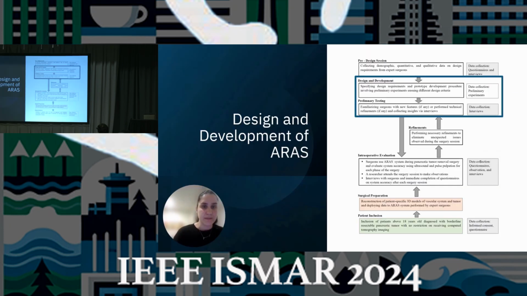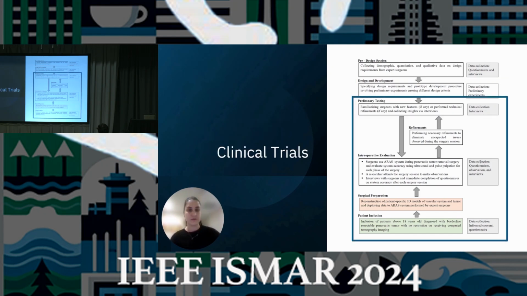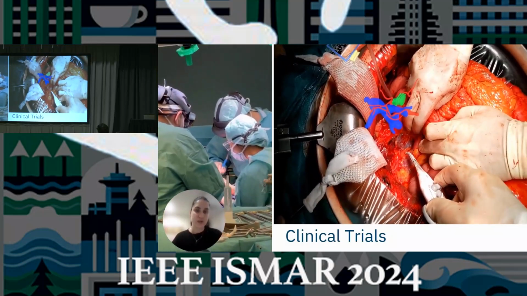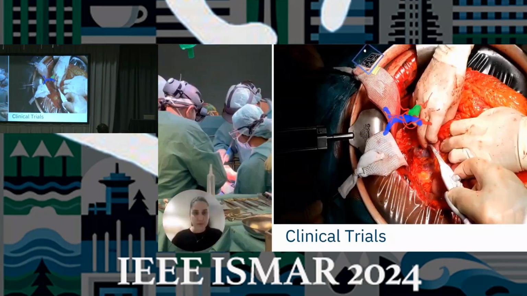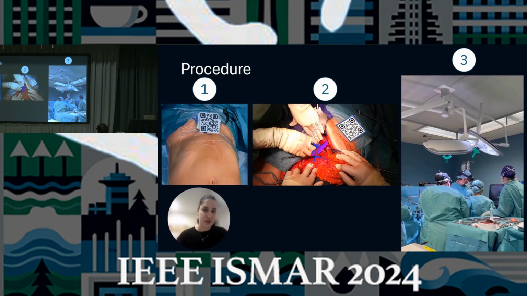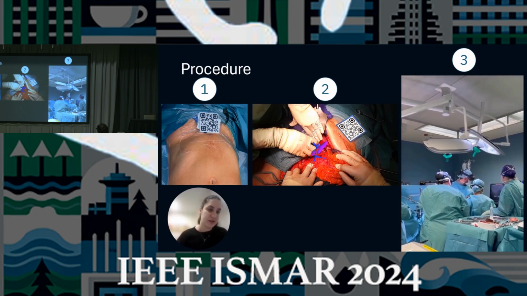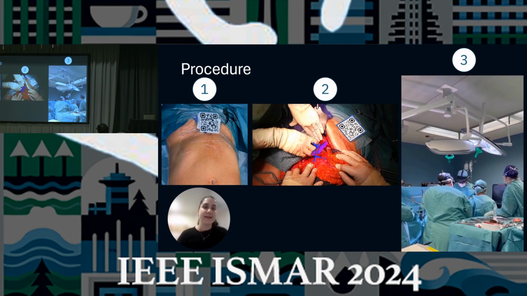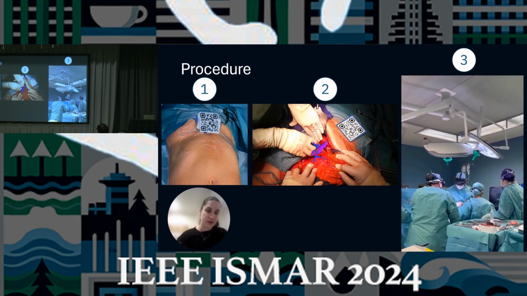After we developed our prototype, we started the clinical trials. During the clinical trials, we tested our system during actual surgeries. Each surgery started with the placement of the marker on the sternum, which is done by a surgeon, and then they moved ahead and tried to observe the structures.